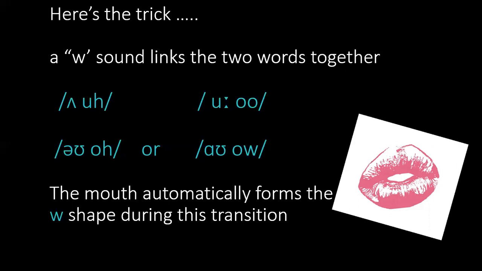And if you look at the picture, you want your lips in a soft position, almost as if you're about to give someone a little kiss. Not a big, passionate, sloppy kiss, just a polite kiss. When we make the sound w.